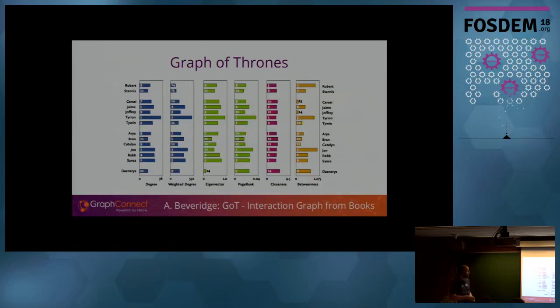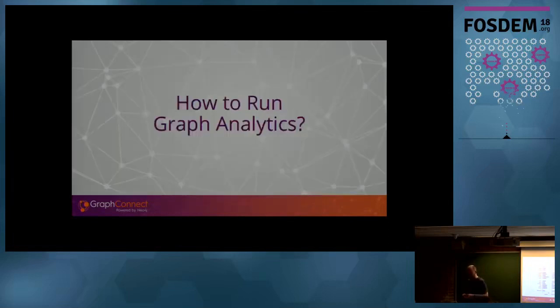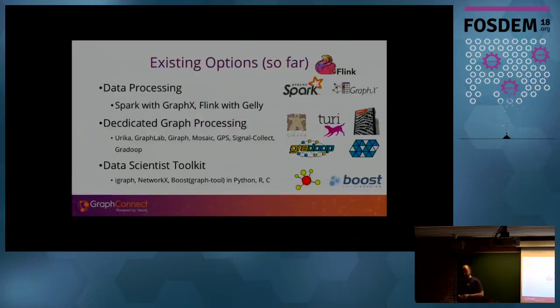If you look at things like PageRank, Jon has a high PageRank, and Tyrion has the highest PageRank. So he's the most influential person in this interaction graph, which I also know because I've read the books. But a graph algorithm that can't understand the books, literally the content, can come to the same conclusion. That was quite impressive for me to see.